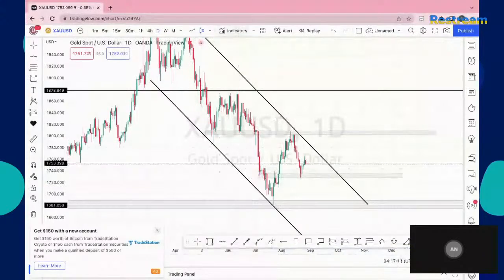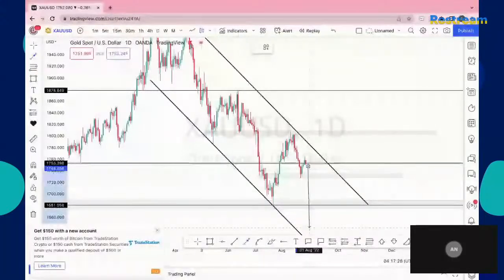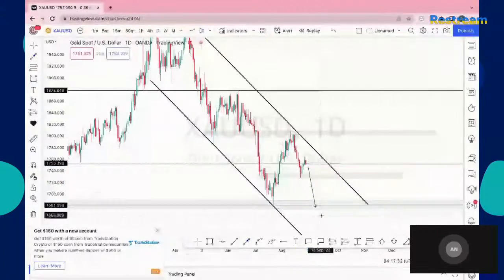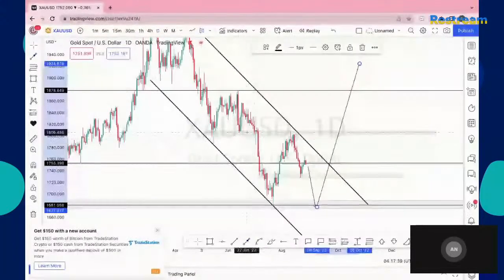Obviously, if you are looking, we can say gold could actually push back down here, back down here, and create some form of double bottom with its neckline being at 1800.